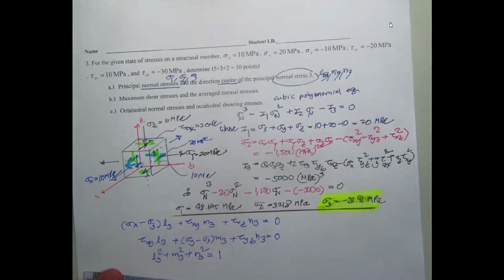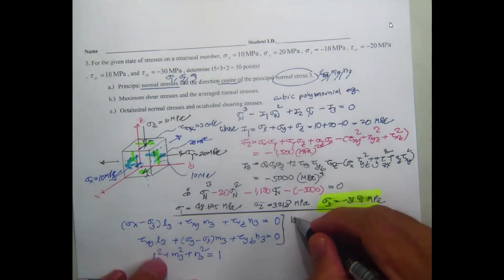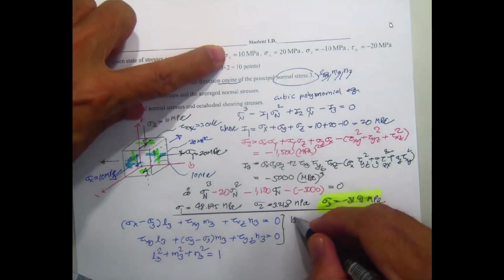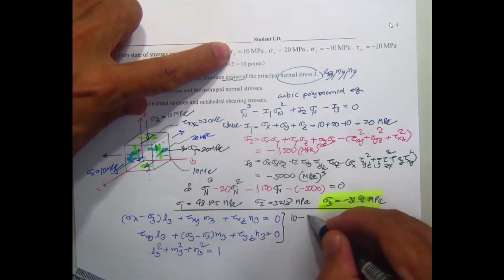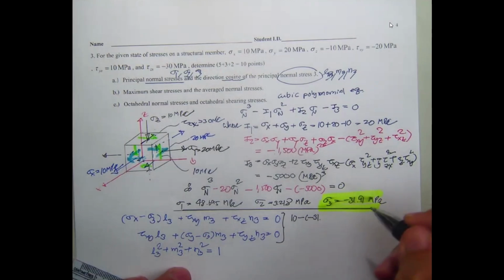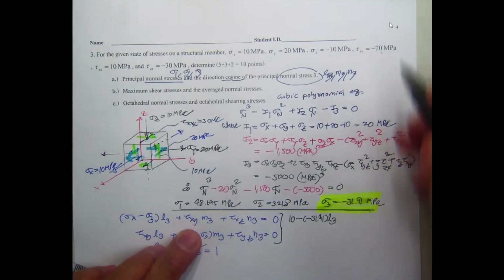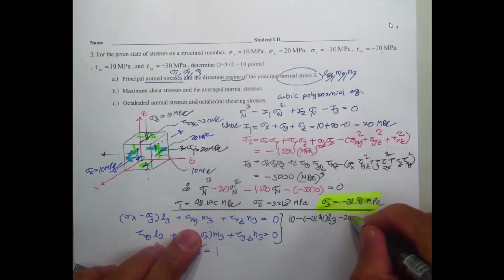Following this, you have to put everything in order. Sigma x equal to 10, minus of the minus 31.91, times L3. And then you have tau xy over here, minus 20, times M3.